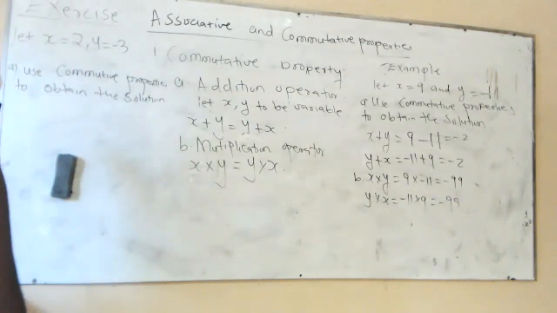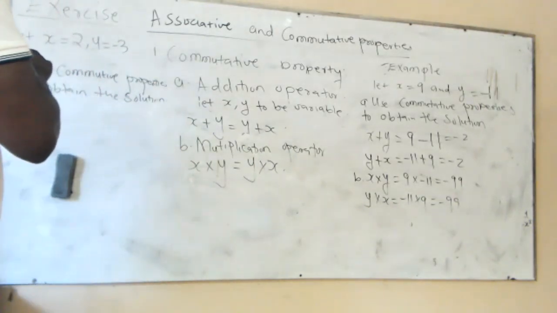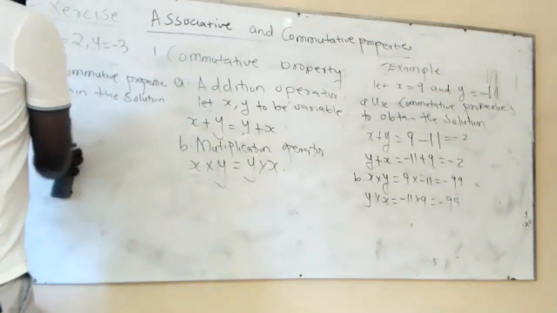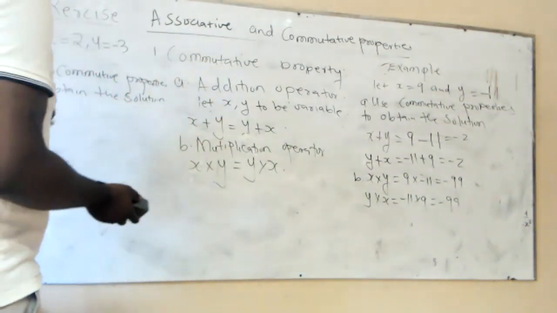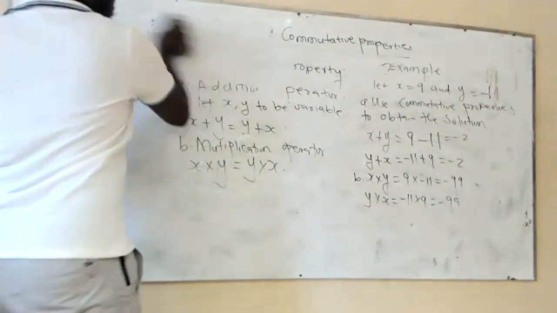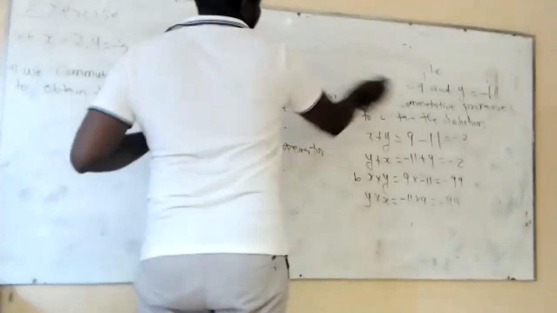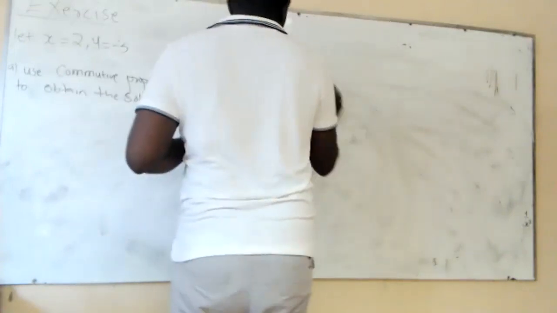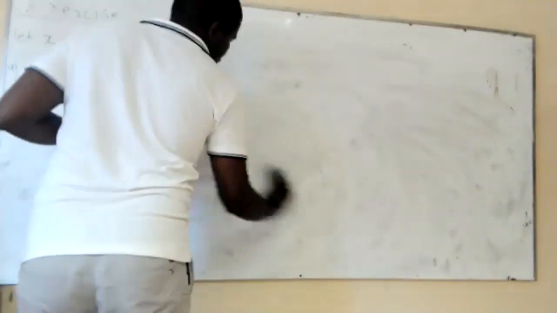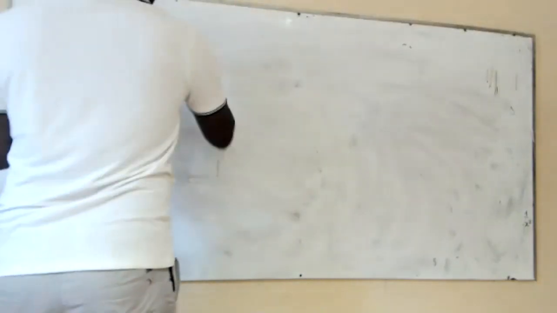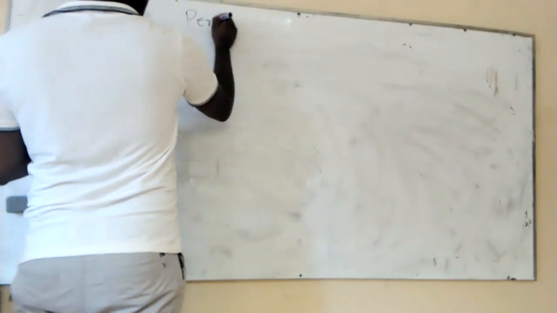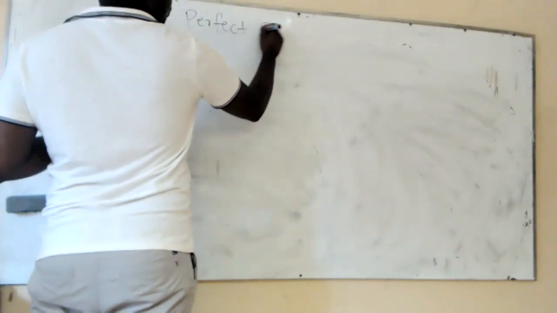So now let's go to our last part of the lesson, which is about perfect square. This is not going to take time because it's a very, very simple topic, which I believe you may have read about before. Now, the very first thing which you must know is what we call a perfect square.